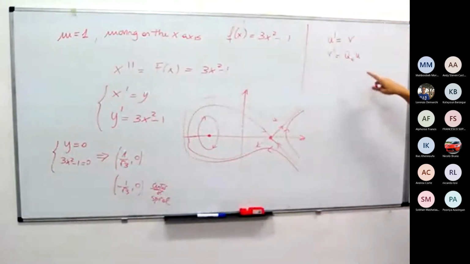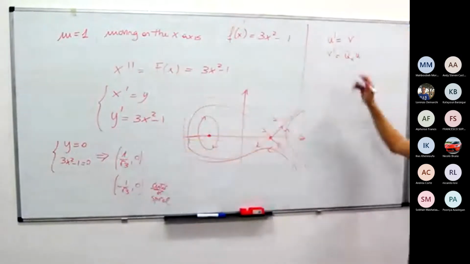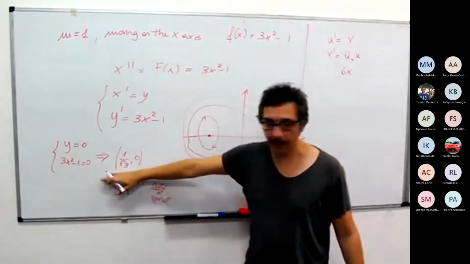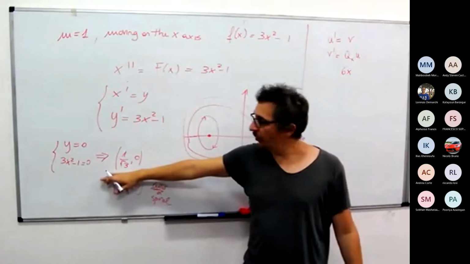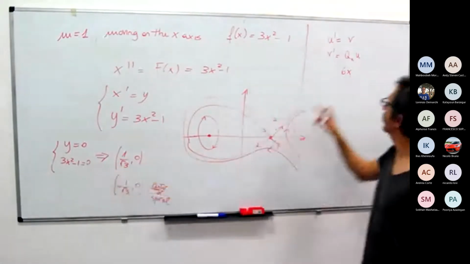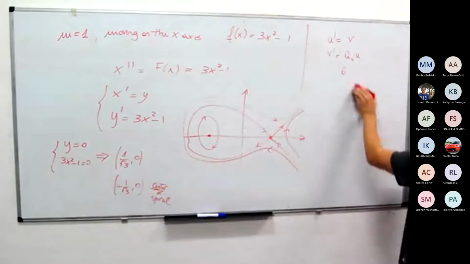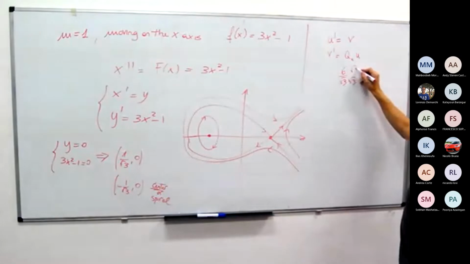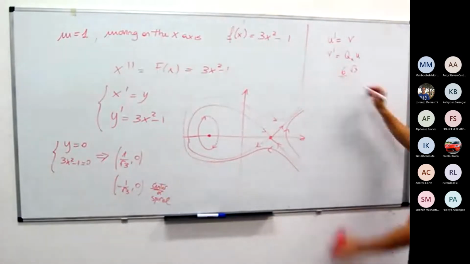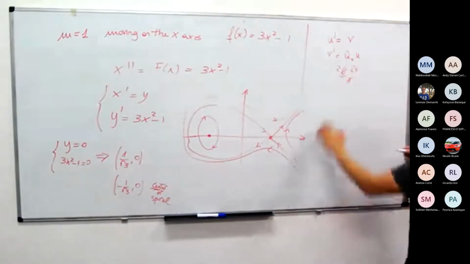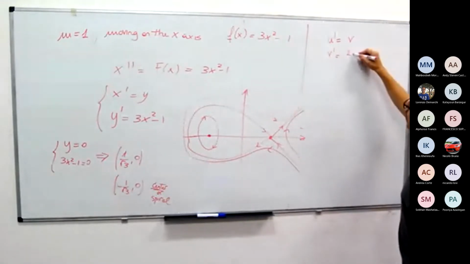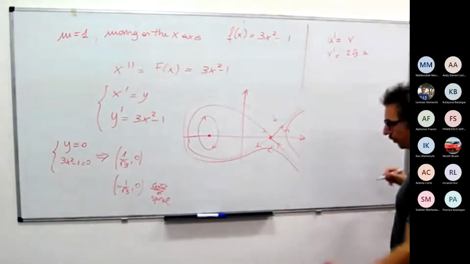The derivative of this with respect to x is again 6x. Now I have to evaluate this 6x in the critical point 1 over square root of 3, 0. So this is going to be 6 over square root of 3, and I can multiply and divide by square root of 3. This is 3. Simplify this, and this is 2 square root of 3 times u.